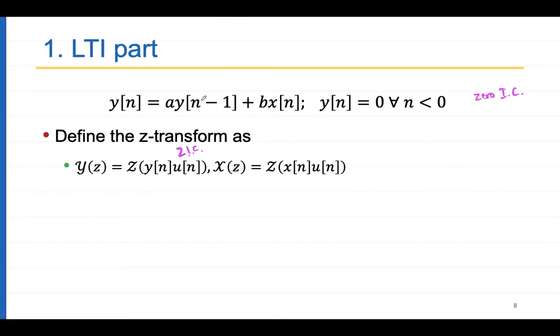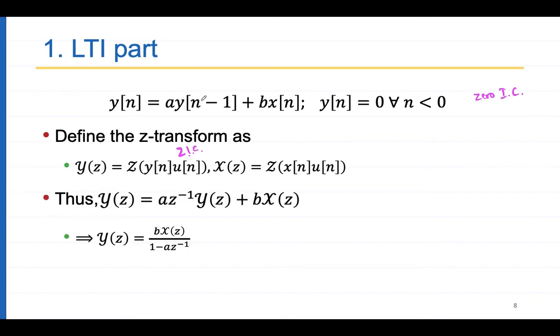Because of zero initial conditions, I can now apply this transform to this equation, and I get Y(z) is a times z inverse Y(z) plus b times X(z). I can solve this to get Y(z) is b X(z) upon 1 minus a z inverse. Just simply solving it, I get this. This is correct because this system was LTI given the zero initial condition. This is an LTI system, so this is a valid solution.